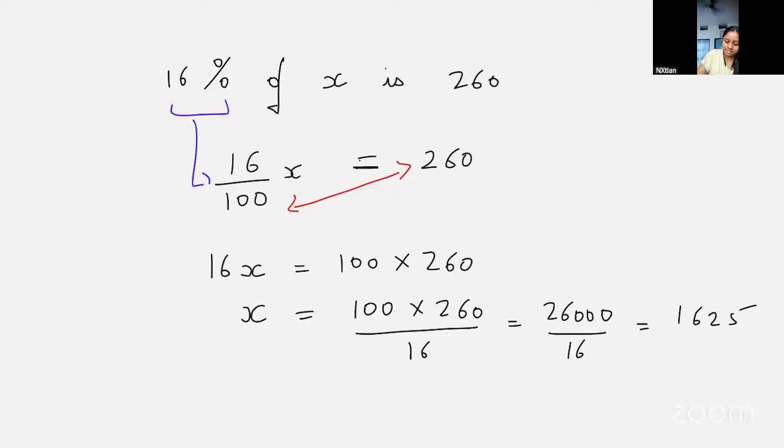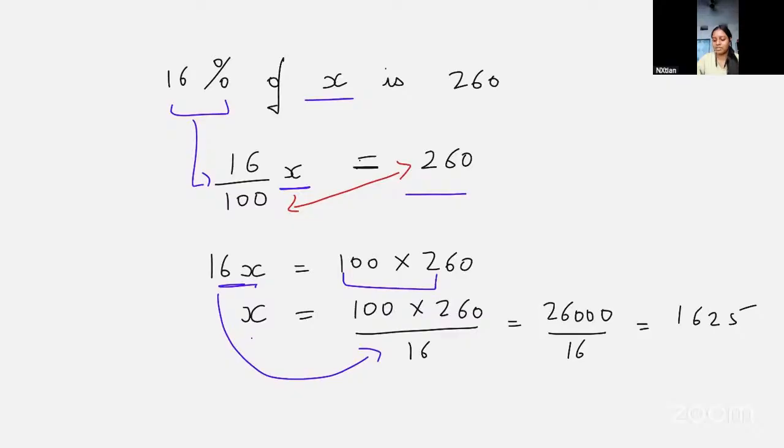Of x means you just put x is equal to 260. Then 16x, you cross multiply 100 and 260. So 100 into 260 and 16x separately, and 16 we will take beneath. Then you multiply 100 into 260, divide it with 16, and you will get 1625. Okay, that's all.